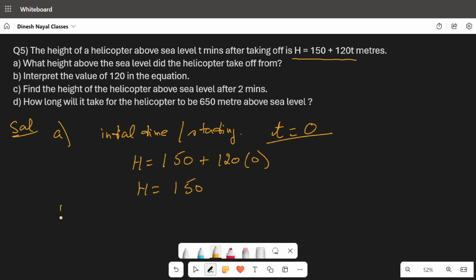Okay, B part. Now B part is, interpret the value of 120 in the equation. Now see, this is 120t, and t is in minutes.